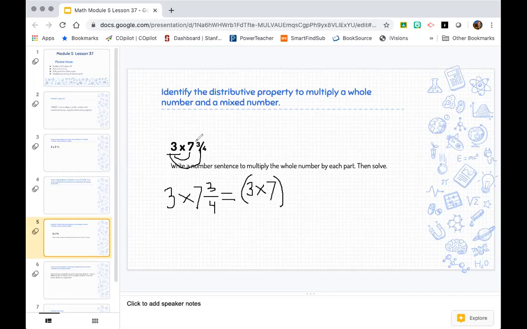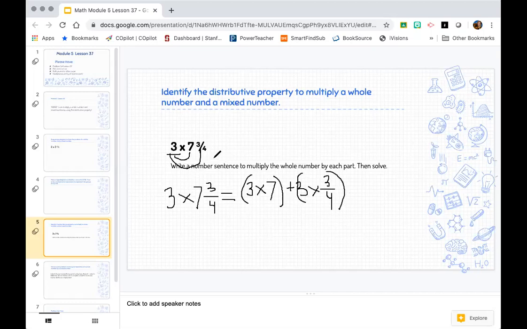So I distributed the 3 to the 7, and now we need to distribute or multiply the 3 to the what? Unmute yourself. 3/4. Nice work. So yes, so now we do plus 3 times 3/4. And put that in parentheses.